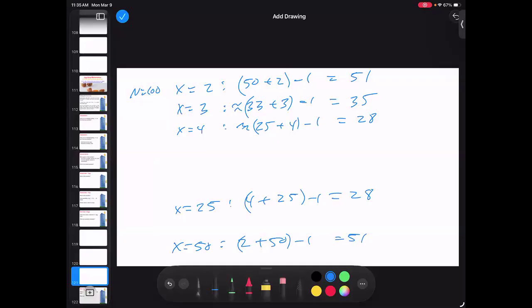It's not surprising that there's some relationship between some of these x's. Anybody have any thoughts as to what the best value of x might be? So if I do x equals 5, I would get 20 plus 5 minus 1 is 24. So it's still getting smaller. And we know eventually it's going to start getting larger.